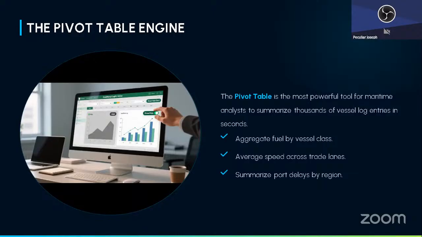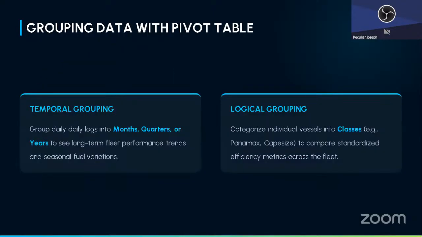Another interesting thing our pivot table does is that whenever we are working with dates, it helps us group our dates into months, quarters, and years, so that we can actually measure performance by day, by time. So that's a good thing. And then it can also help us categorize. Just like the example I gave earlier, we can aggregate and we can compare using our pivot table.